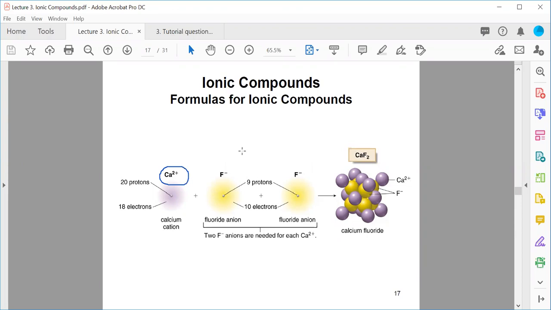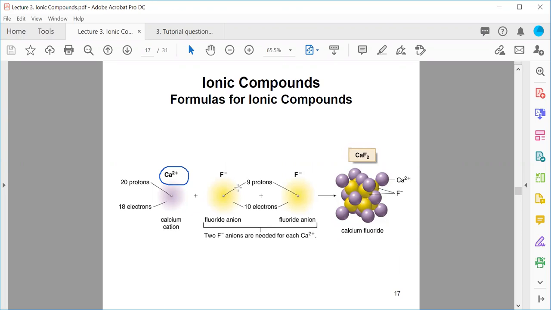That's why you tend to find two fluoride atoms, which is illustrated here, 2 fluoride atoms bonded to every 1 calcium cation.